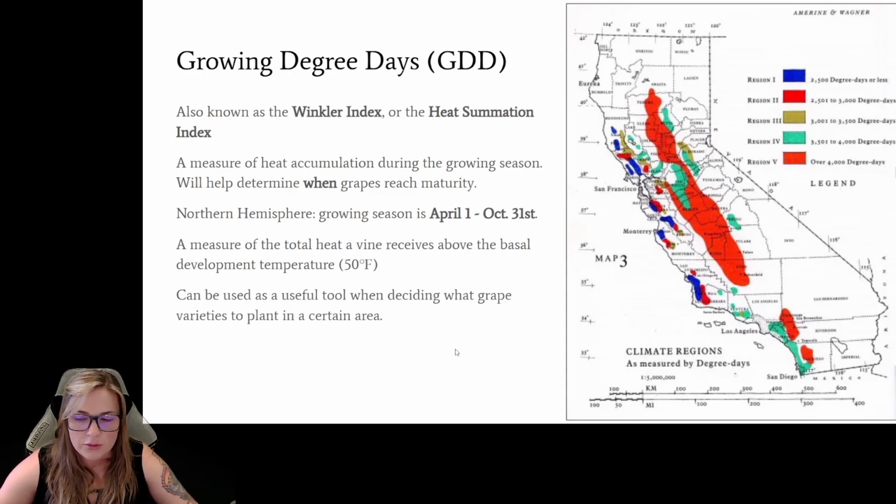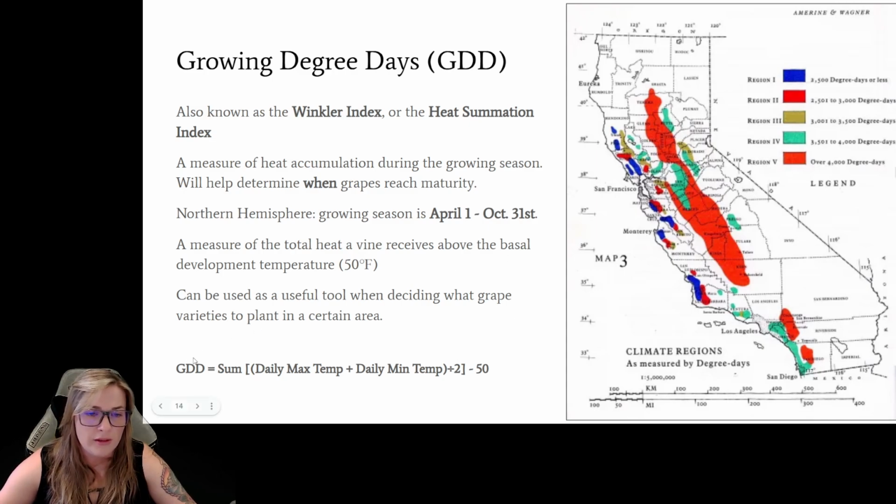This is a useful tool when deciding what grape varieties to plant in a certain area, right? So essentially, the formula is growing degree days equals the sum of your daily max plus your daily minimum temperature divided by 2, and then you subtract 50.